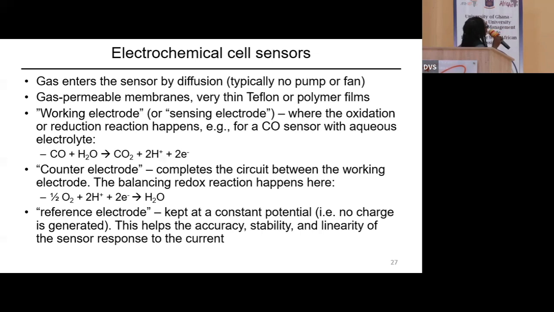The counter electrode completes the circuit with the working electrode, balancing the redox reaction. And the reference electrode is kept at a constant potential. This helps the accuracy, stability and linearity of the sensor response to current.